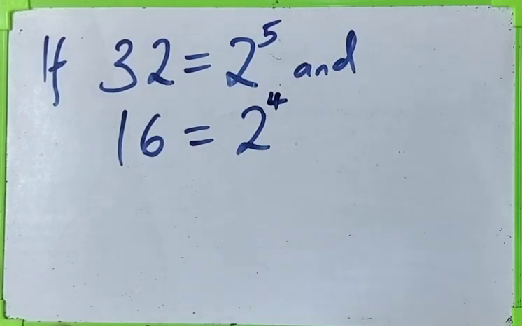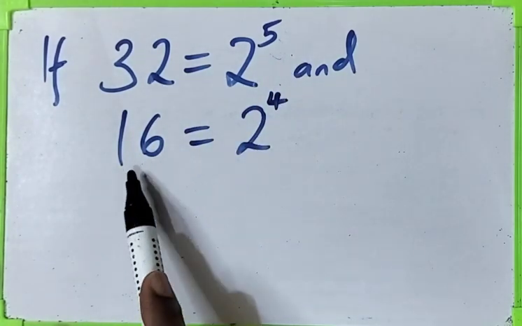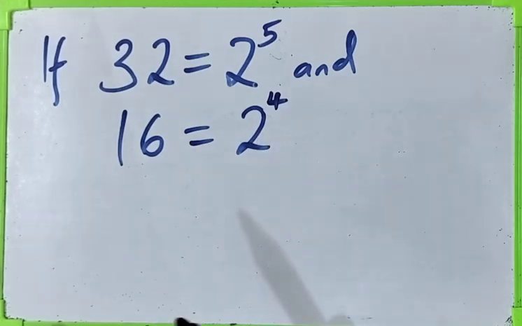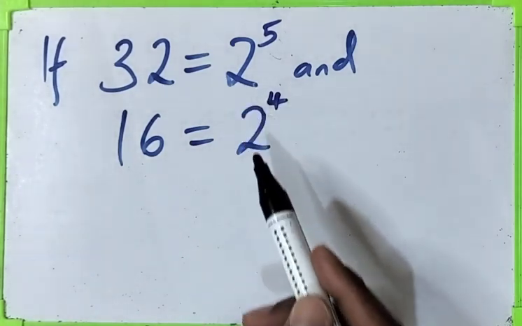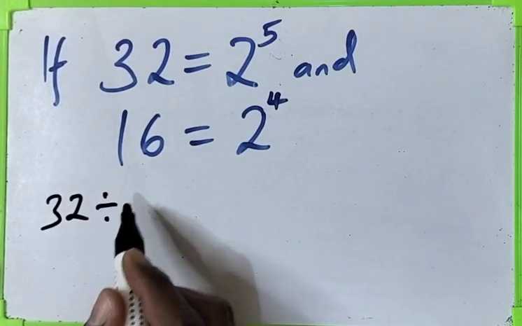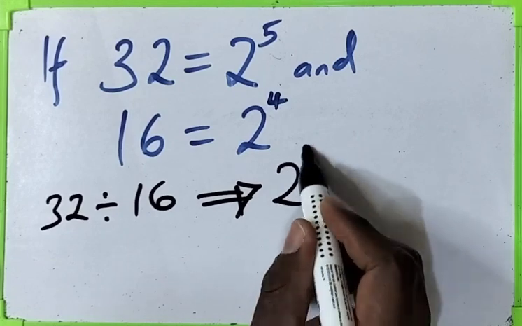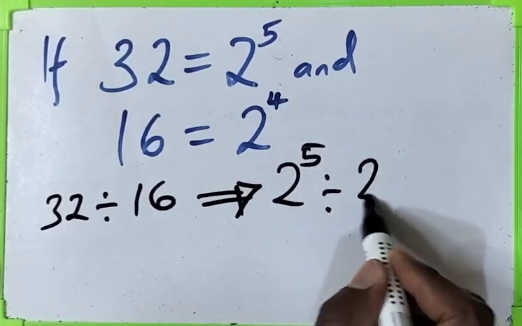So it means 32 is the same as 2 power 5 and 16 is the same as 2 power 4. So we bring these two factors in their power form. So it means 32 divided by 16 is the same as 2 power 5 divided by 2 power 4.